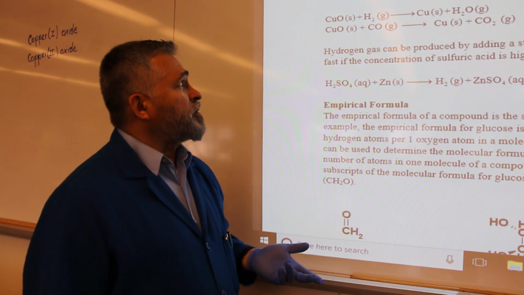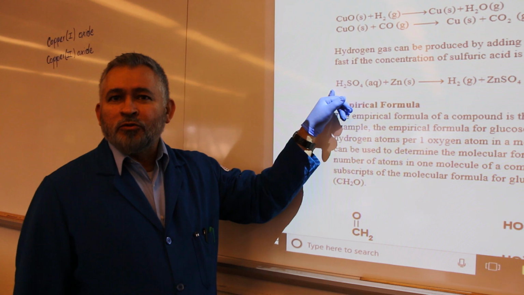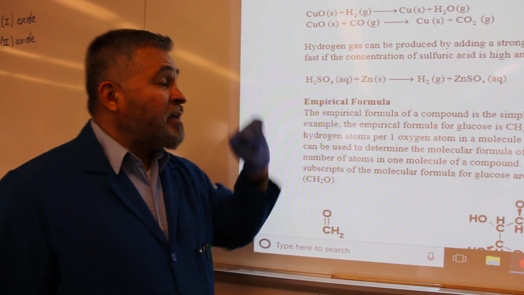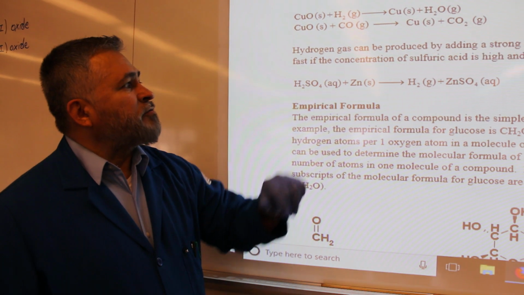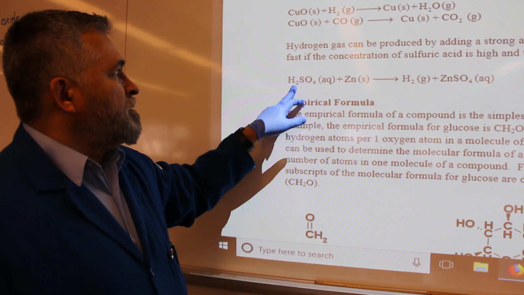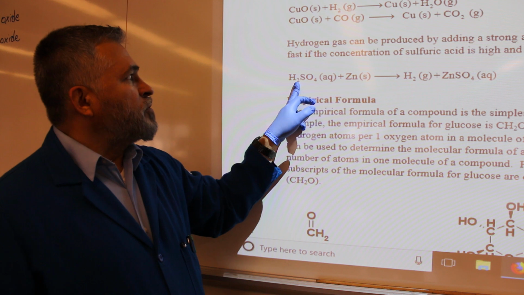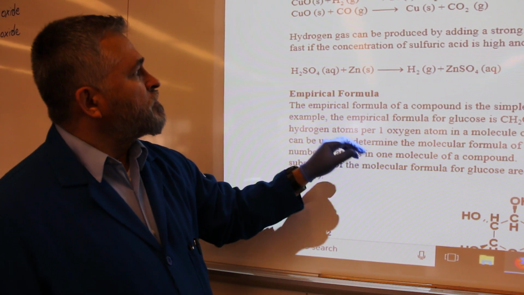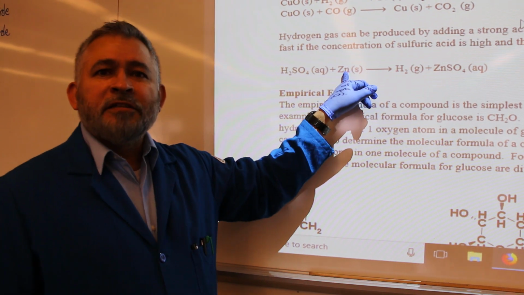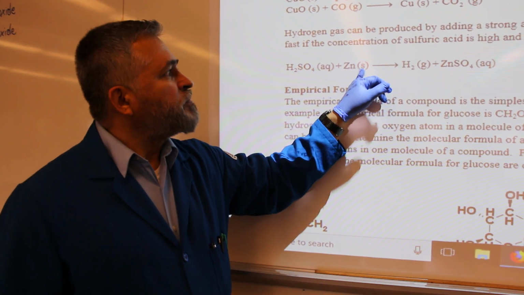How do we get the hydrogen gas? That's why we are going to use a gas generator. A gas generator uses this reaction. Aqueous sulfuric acid solution, we are going to use 3 molar solution, and solid zinc metal.